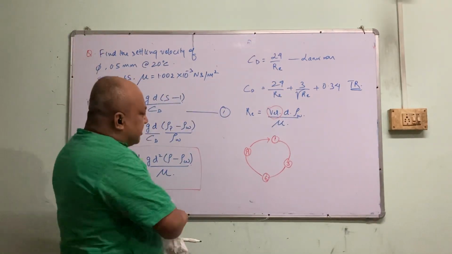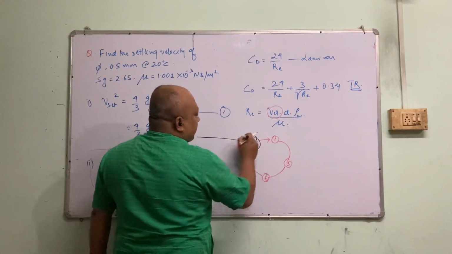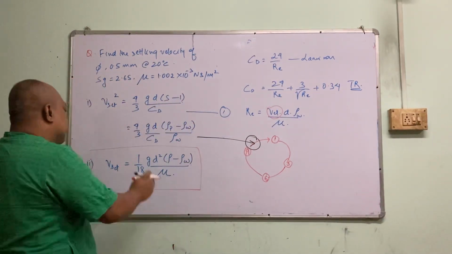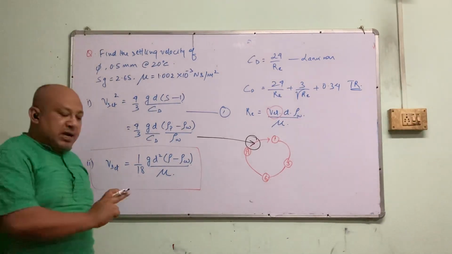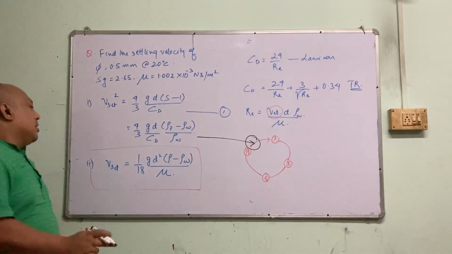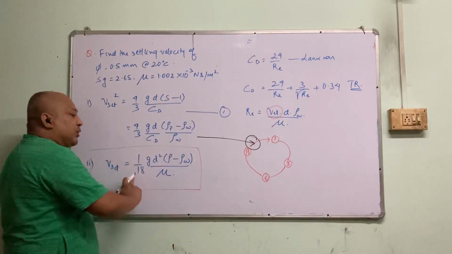So what we will do is, straight away, we'll start from here, that is settling velocity. First, we'll assume that the flow is laminar. Listen first, I'll solve the problem. We'll assume the flow is laminar and directly use this equation.